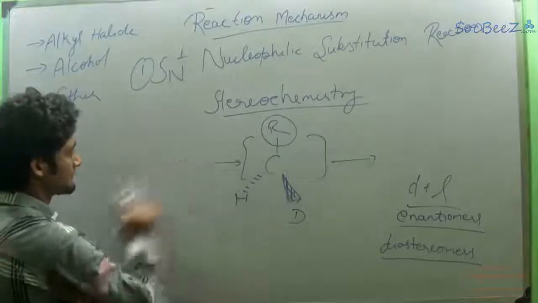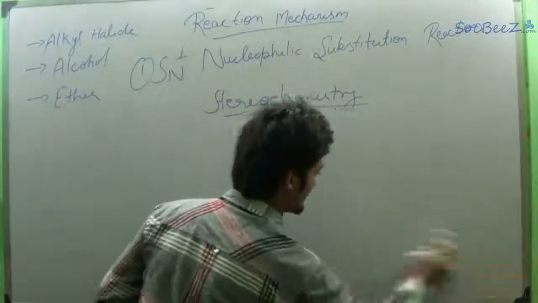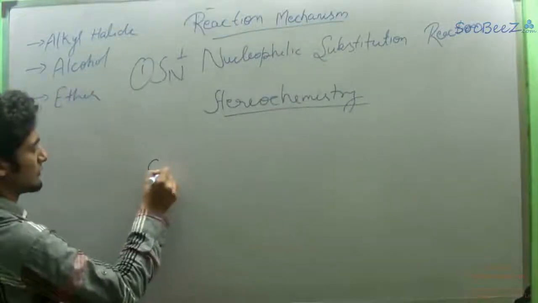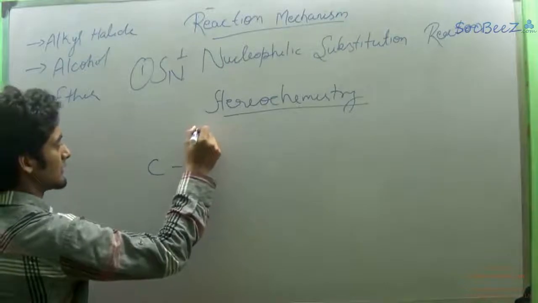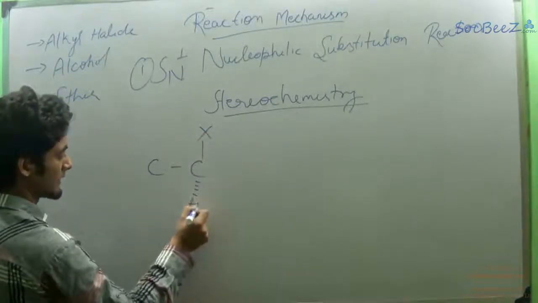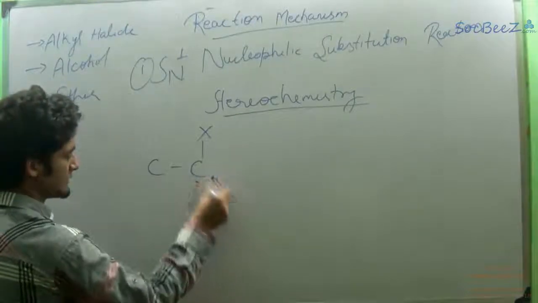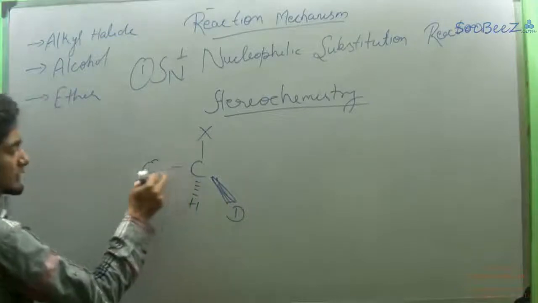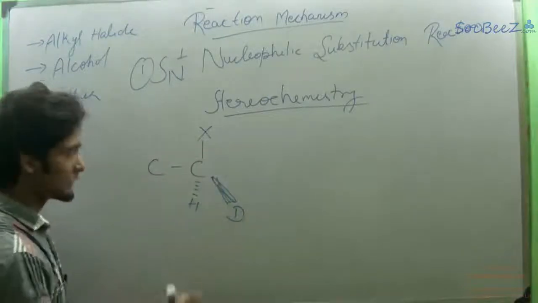For example, I have this molecule C with X, H, D, and the carbon attached to the alkyl halide carbon is also chiral.